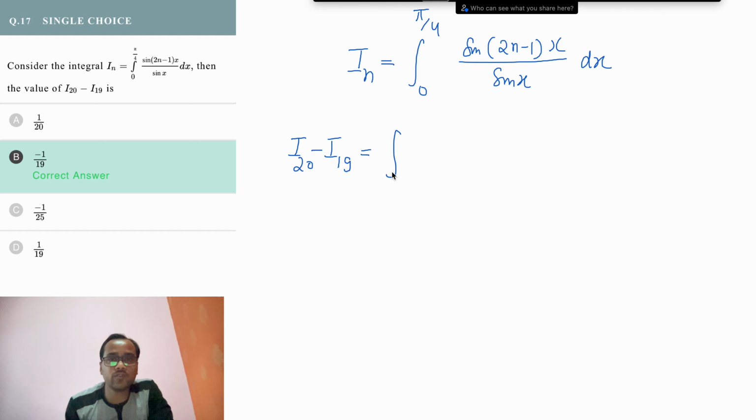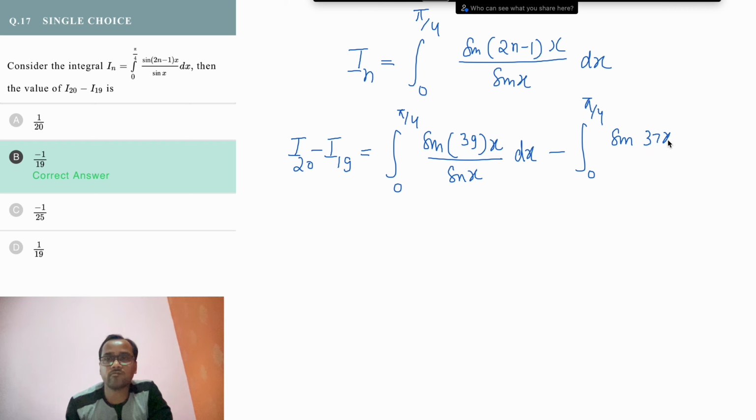So I20 will be the integral from 0 to pi by 4 of sine of (2 into 20, 40 minus 1) 39x upon sine x dx, minus the integral from 0 to pi by 4 of sine of (19 into 2, 38 minus 1) 37x upon sine x dx.